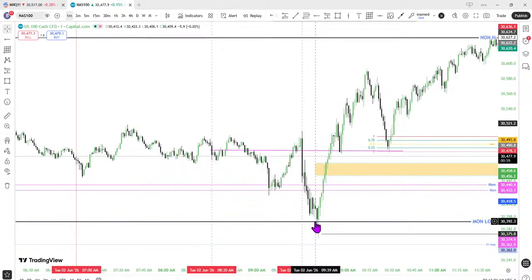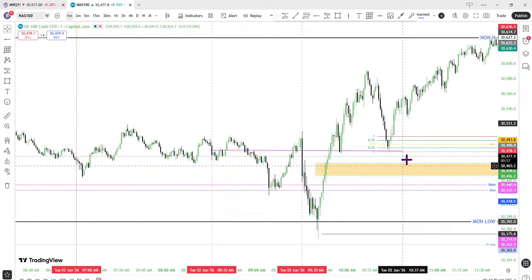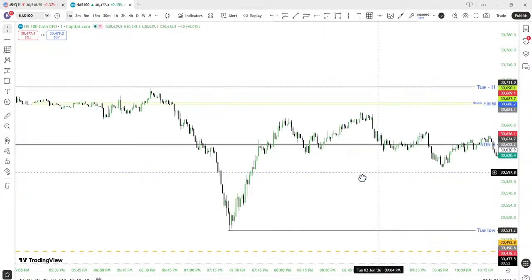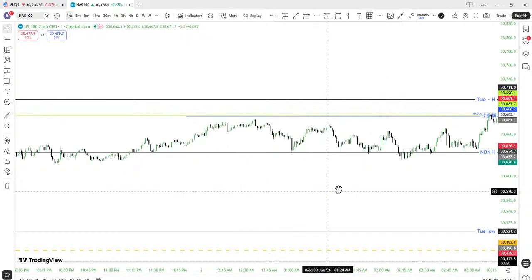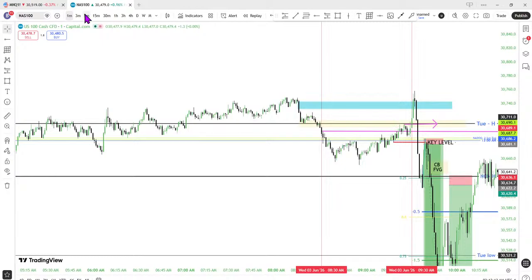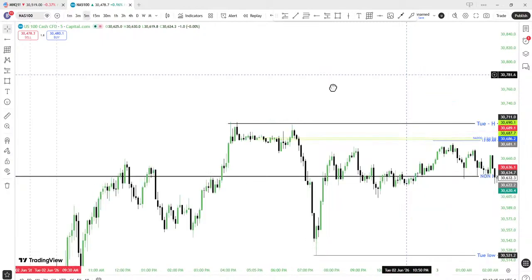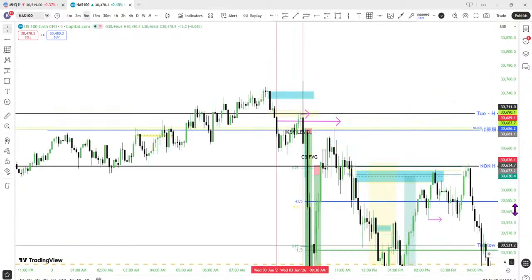It's only the wick of the candles that moves above it. If I draw your attention back to the teaching I did on Wednesday, on the 5 minutes time frame, you can see also how the bodies respect it perfectly.